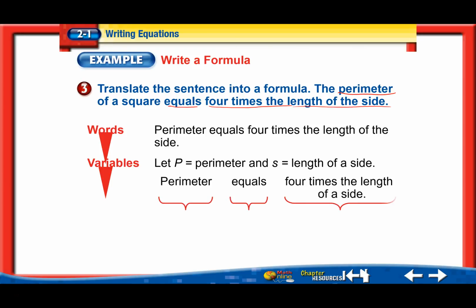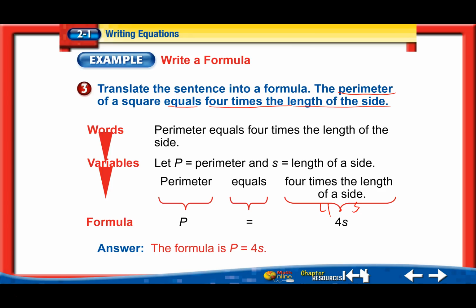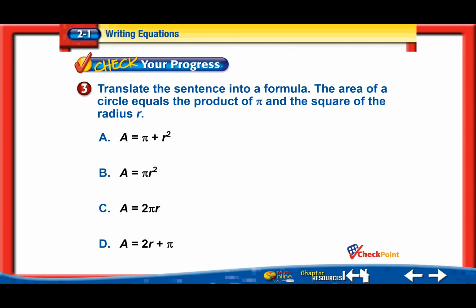So P equals 4S. We probably would have started with 4 times S and then converted it into that. And there's your formula, P equals 4S. Pause this. Hopefully you didn't see that. Give it a shot.